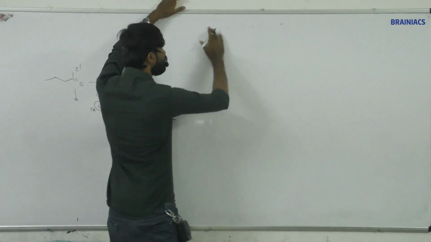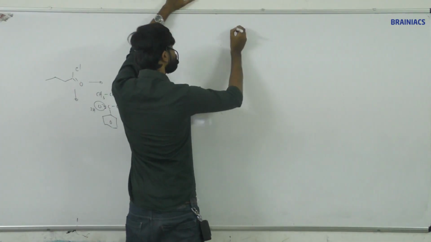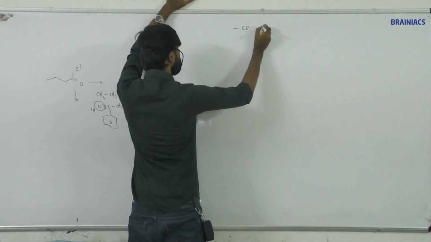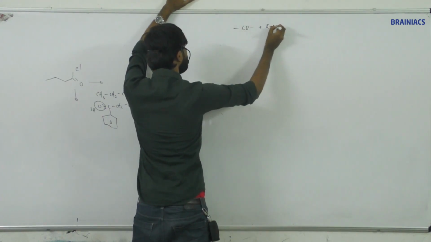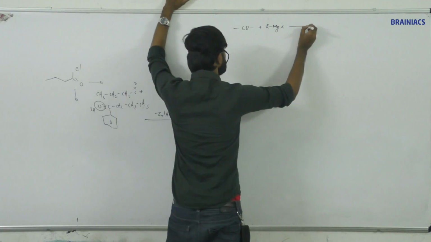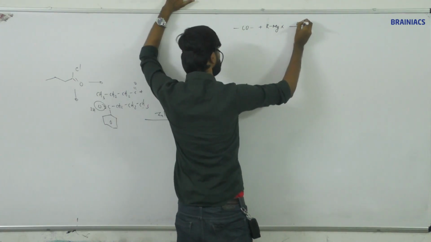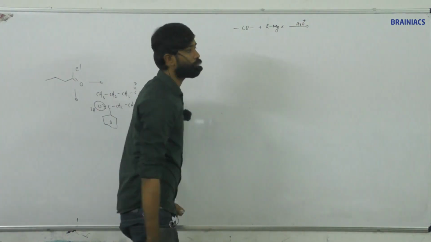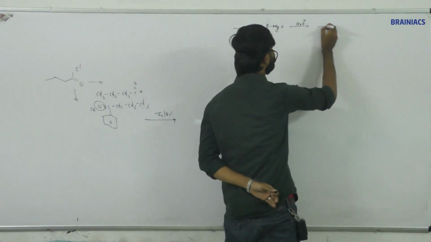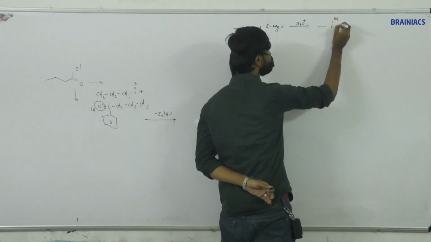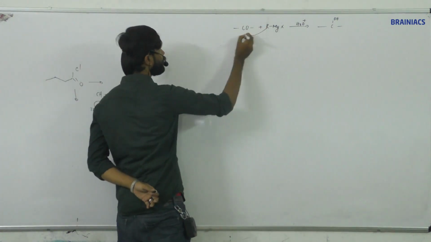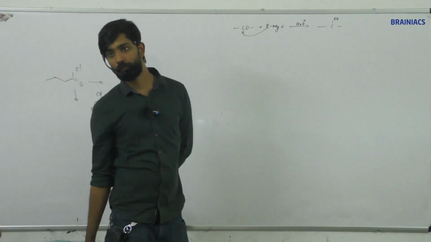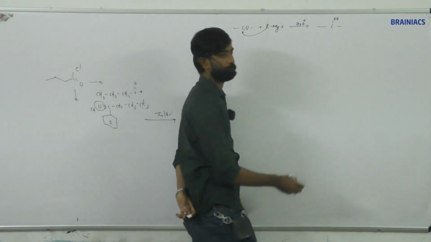Listen, how can you form a product when a carbonyl reacts with the Grignard reagent? When a carbonyl reacts with the Grignard reagent followed by hydrolysis, what happens? You simply make the O of carbonyl as OH, and connect the alkyl group from Grignard reagent to that particular carbon.